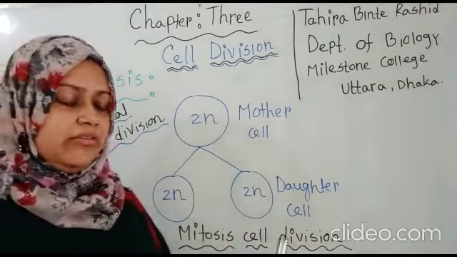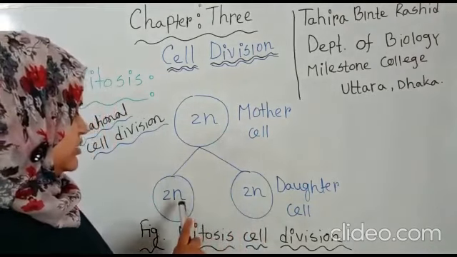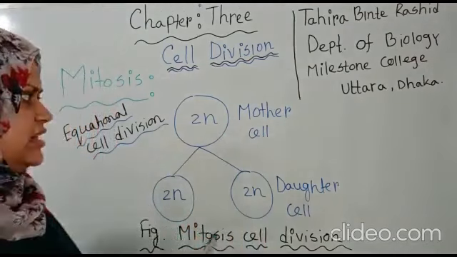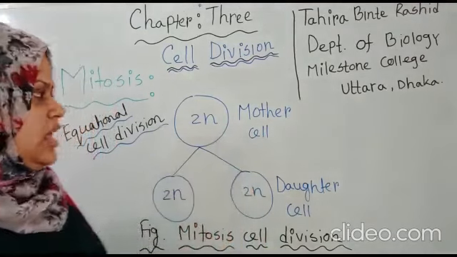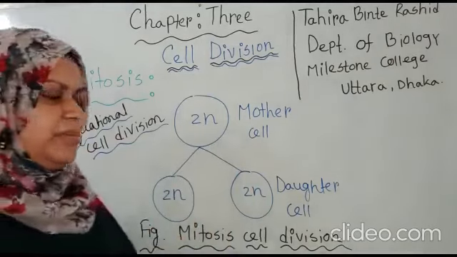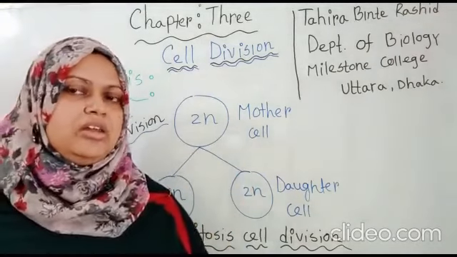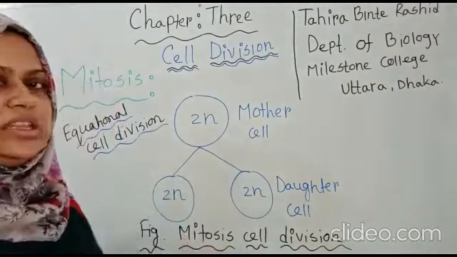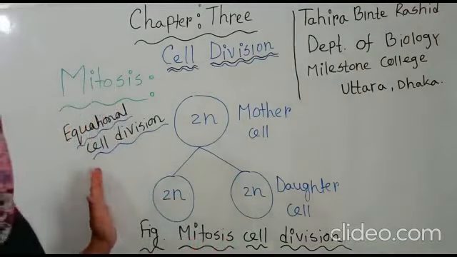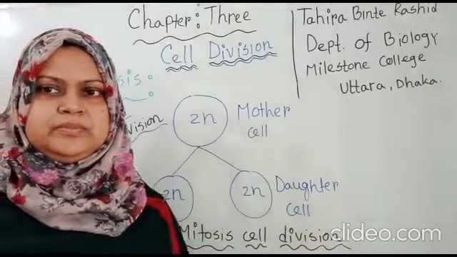So the physical and structural characteristics of daughter cells are as their mother cell. As the nucleus and chromosome of a mother cell are divided only once, that's why this type of division is known as equational cell division.